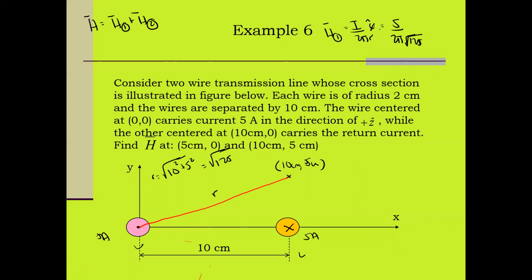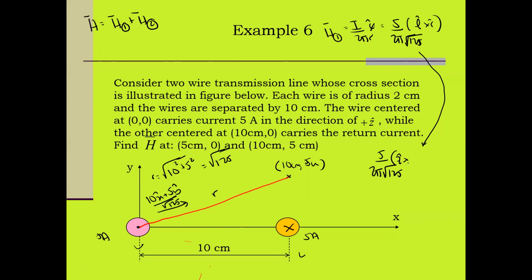And for the phi vector, that should be L cross R. If you proceed with H1, we're going to have 5 over 2 pi, and you need to convert centimeters into meter unit. L will be in the positive Z direction, whereas for R, based on this diagram, the R vector should equal 10 in the direction of X plus 5 in the direction of Y, divided by the square root of 125.